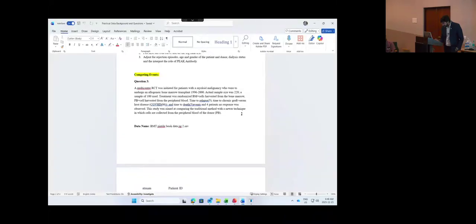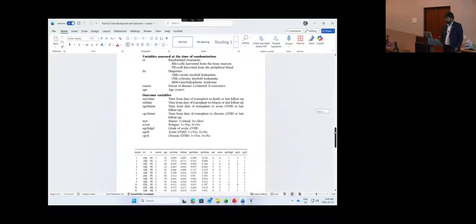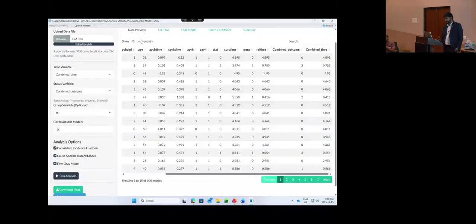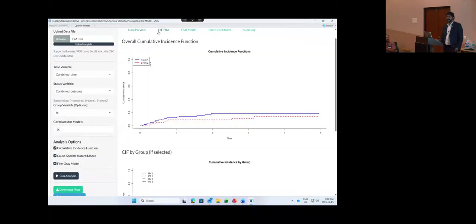No. Competing event means the second event is trying to kill the patient. When you have a specific question, that is the first event. So the second event is a competing event. So then relapse is the second event, death is the first event.